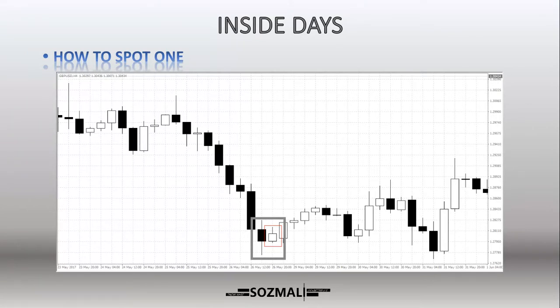And just like I explained in the previous slide, this is an inside day. So once you've spotted this on the daily chart, you will know that there must be consolidation happening on the lower time frame. And it helps if the body of the second day is smaller, just to add to that confirmation.